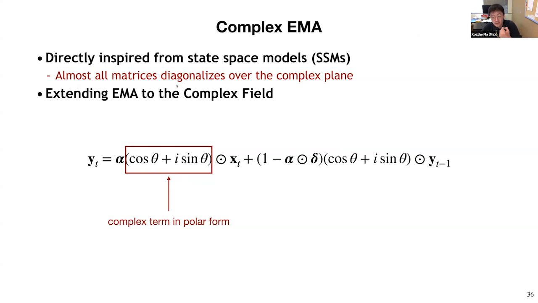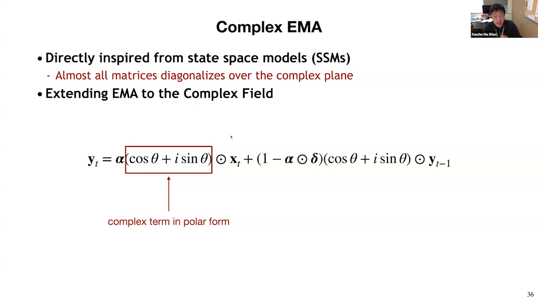And why we want to do this is that in matrix theory, we know that in the real number field, a dense matrix is more powerful than a diagonal matrix. But in the complex field, almost all matrices are diagonalizable over the complex plane. So it indicates that in the complex field, a diagonal matrix is much more powerful than a diagonal matrix in the real number field.